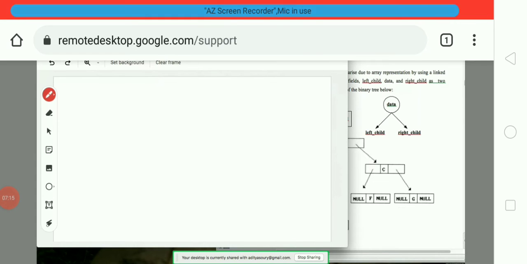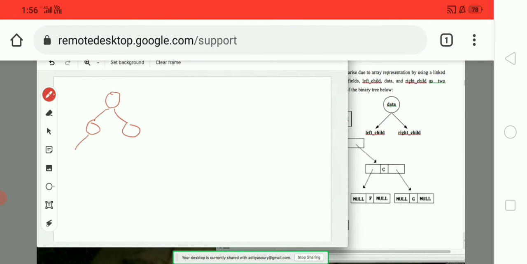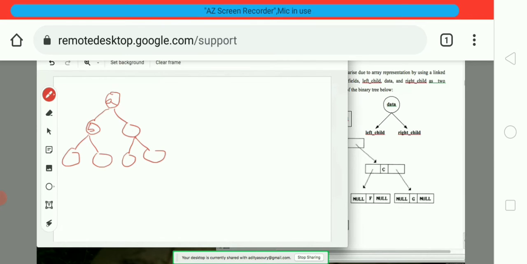Now I would like to take a small example of a binary tree, and I am giving names to the nodes.